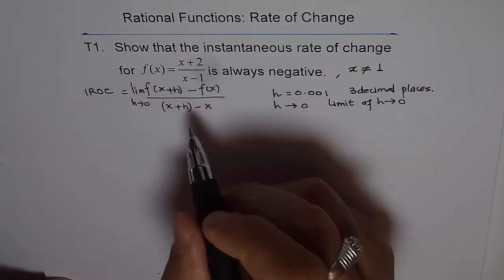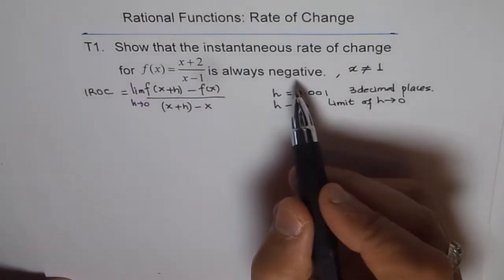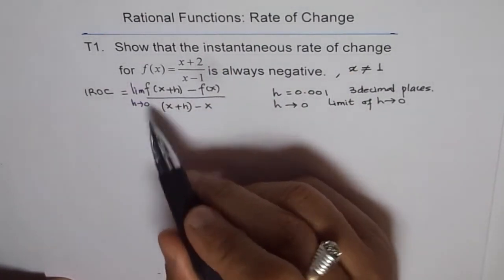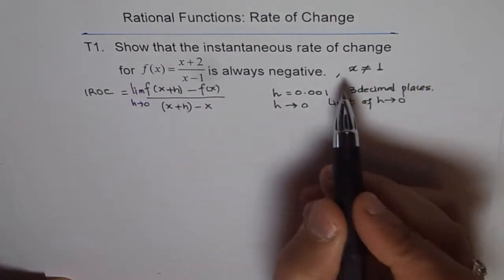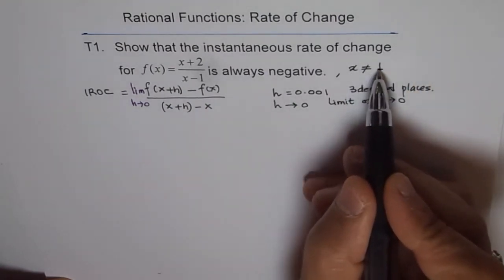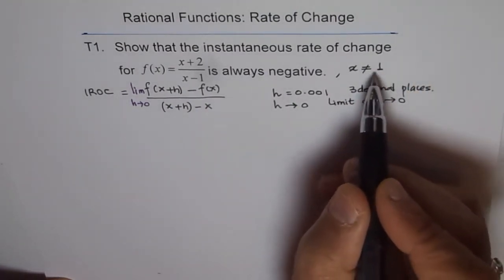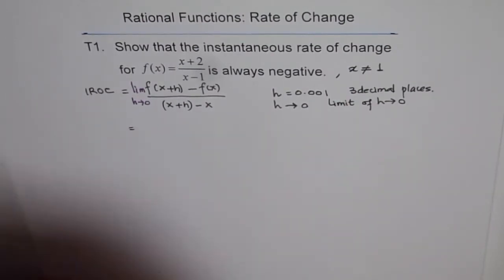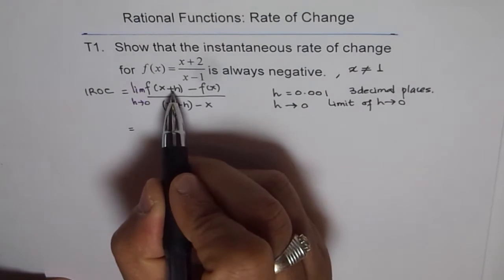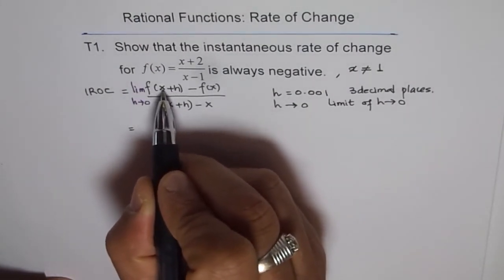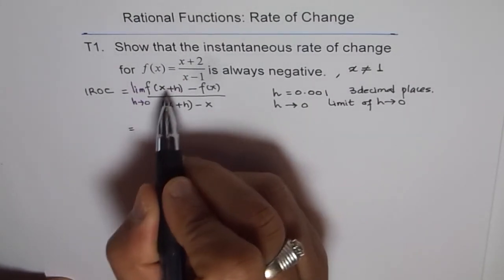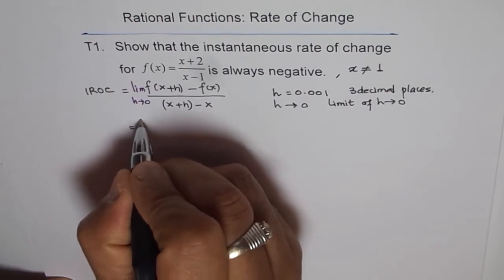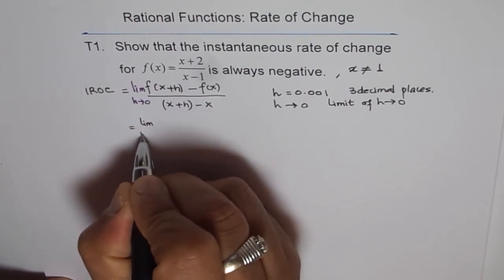Now, since we don't have any particular point here, we will treat x as any point in the domain, but x is not equal to 1. Is that okay? So we'll do it like this. Now let's write our function in the form of x plus h. That means for f of x plus h, I'll replace x with x plus h, right? So we say limit h approaches 0.